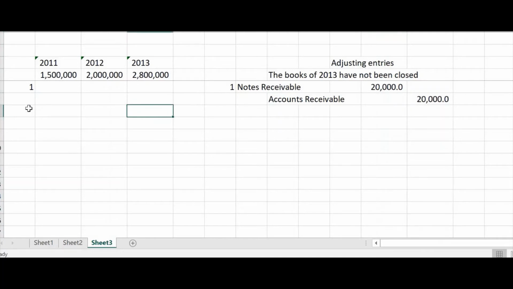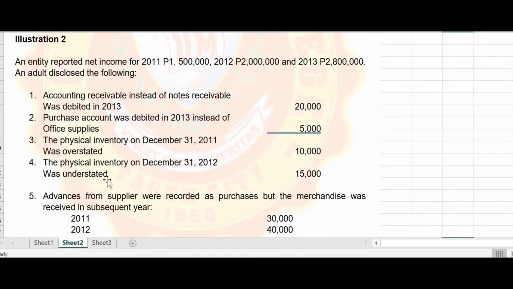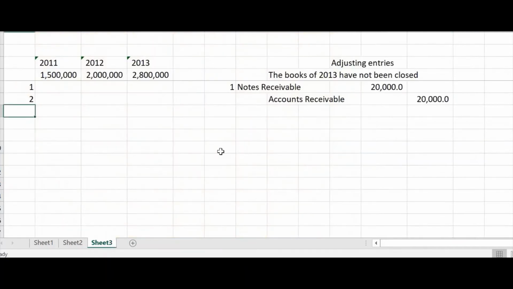Next would be our second error. Purchases account was debited instead of office supply. So this is an income statement error naman, di ba? Income statement error. So again, wala itong effect sa net income. All you need to do is to reclassify yung account dapat na magamit.